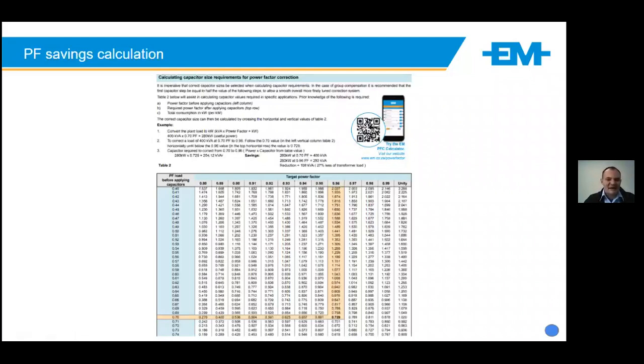A little bit later in our presentation, we'll show you what this calculator looks like and how to make use of it. For those that have the links or have seen this before, it is on one of our main pages under power quality. I make use of this calculator daily. It makes my life a little bit easier than having to look through tables like this.